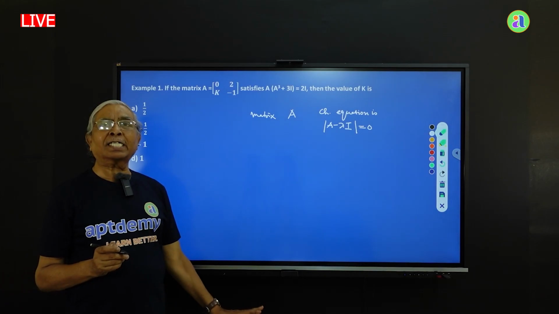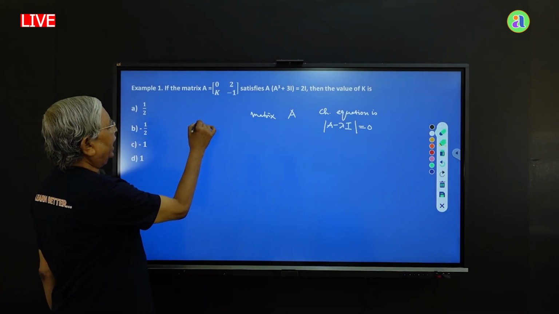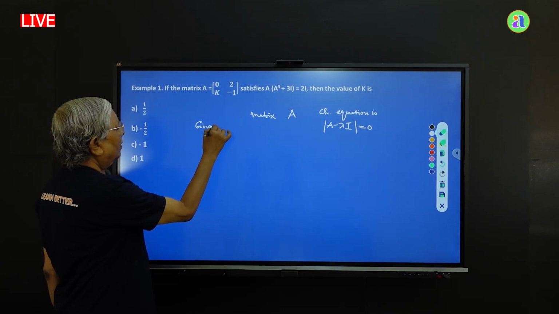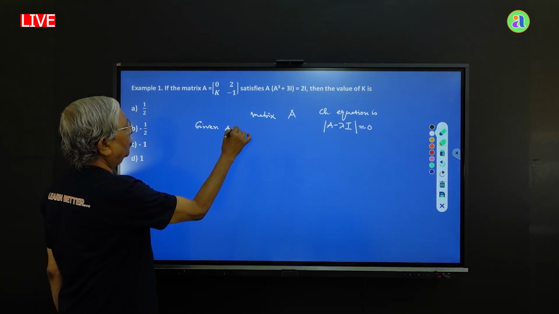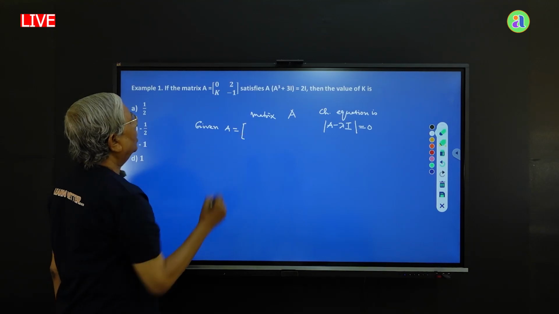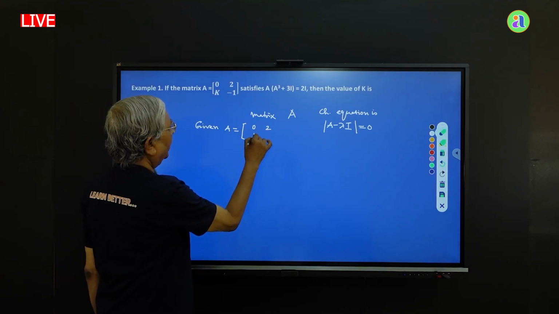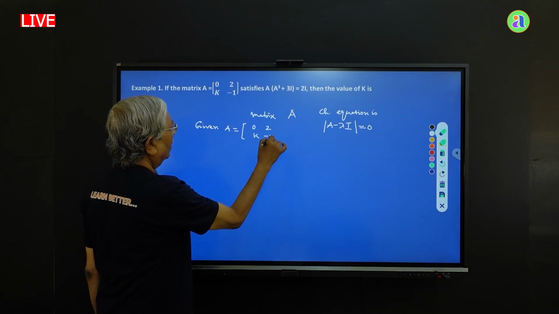You are given the matrix A equals [0, 2; k, -1].